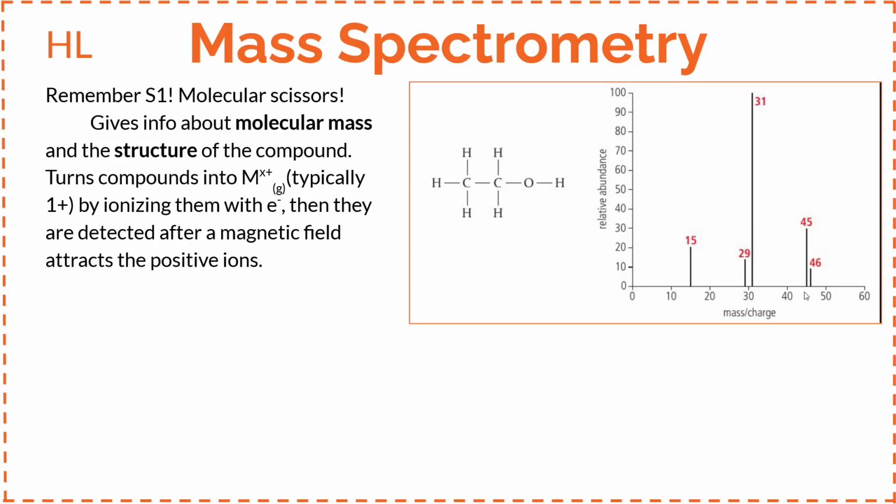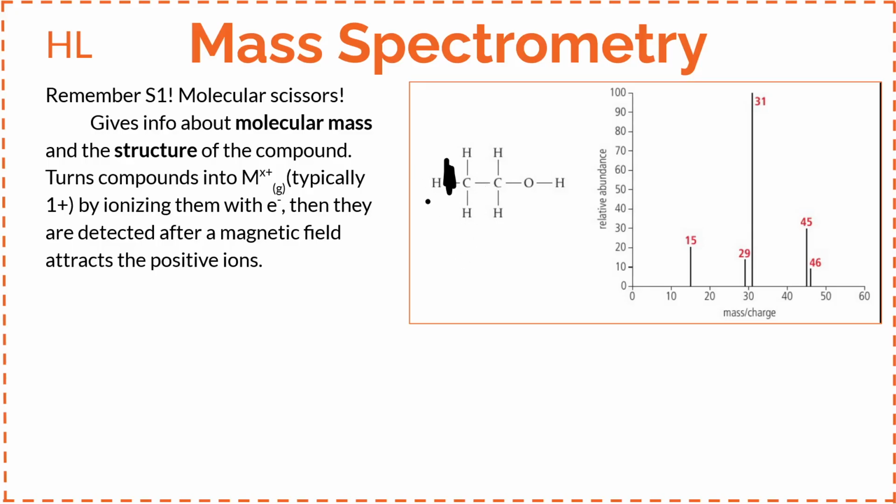And mass spectrometry can give us information about the structure of the compound, because we know that molecular scissors can make one cut and remove one set of bonds. So let's say hypothetically we were to remove this bond right here. We chop off that hydrogen, and now we're just left with this.